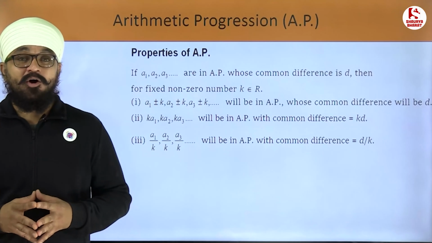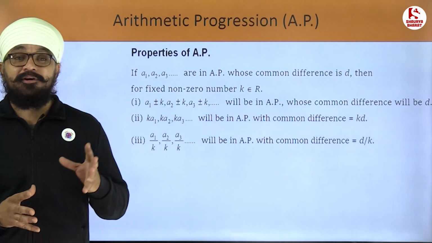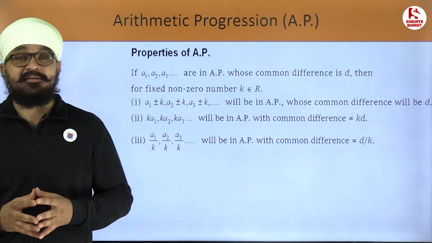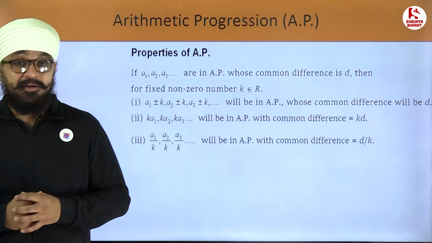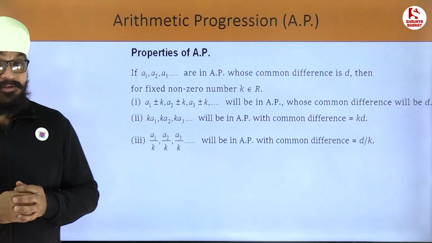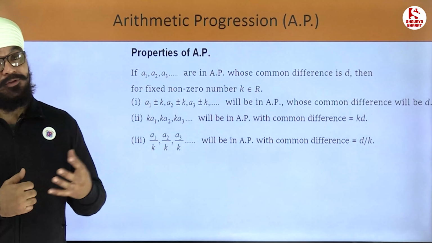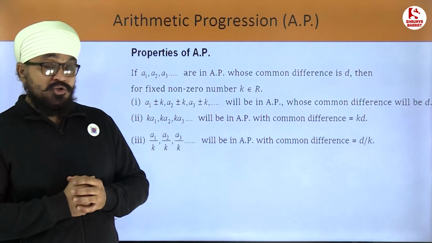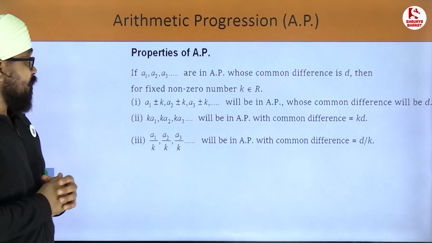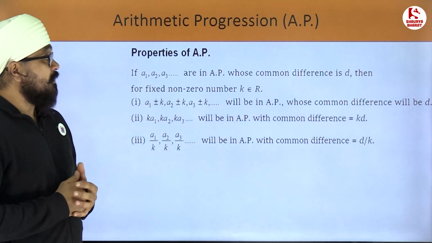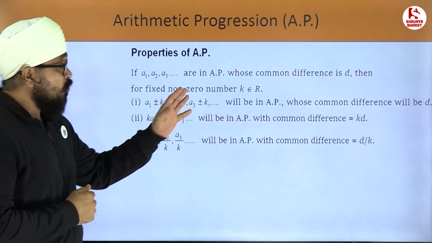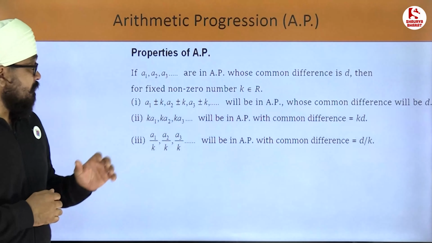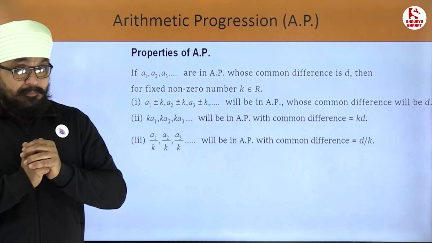Now, after understanding all the basic format of arithmetic progression, that is the nth term, the sum of n terms of an arithmetic progression and the arithmetic mean, let us take few important properties that we can use while doing the questions of arithmetic progression. So, the first one that we can see, if we are having A1, A2, A3 as they are given in AP, whose common difference is D, then there are few things that we can keep in mind directly.